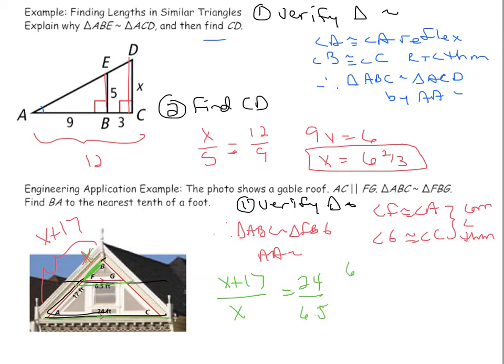You end up with 6.5x plus 110.5 will equal 24x. Remember, you have to distribute the 6.5. When you go ahead and solve, you get that x is 6.3 feet. Now, if I want to find BA, BA is the whole thing here. You just add that on. So 6.3 plus 17 gives me 23.3 feet.